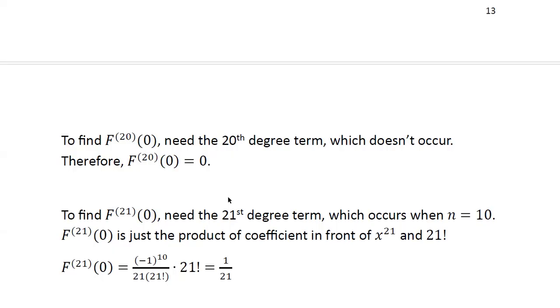Everything above the degree term will be 0 because it's the center of the power series. Okay, and the actual value is the original coefficient out in front, and then the factorial matching the number of derivatives you take. So this is why these problems are honestly a piece of cake if we understand this simple concept.